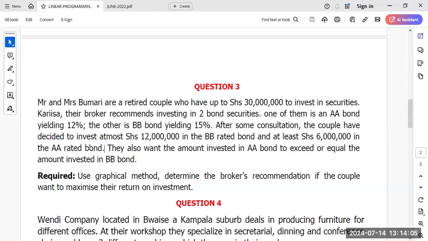You are seeing the words at most now. Colleagues, every time you see the words at least, at most, up to, it's a must that on that step you indicate the inequality. Otherwise, if you don't indicate the inequality, you are going to mess up.